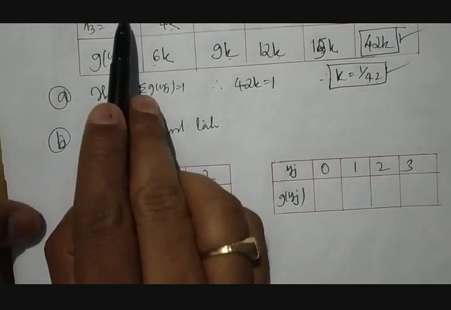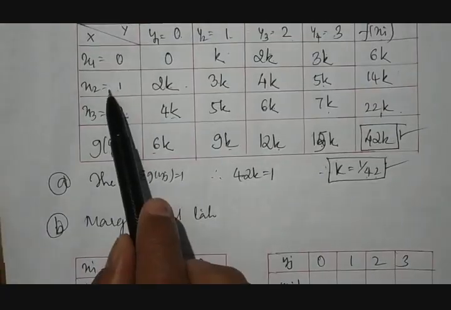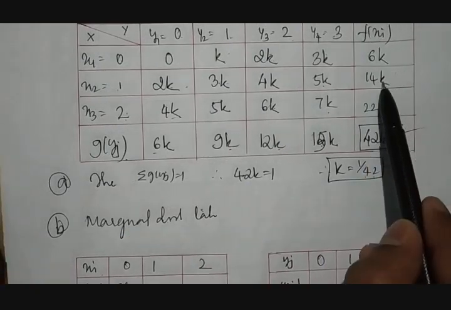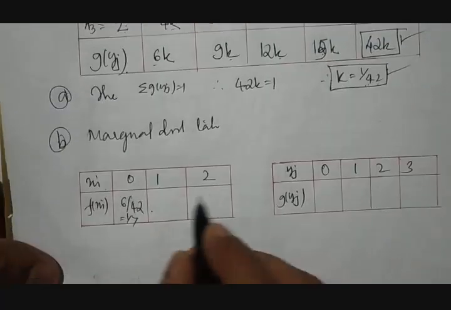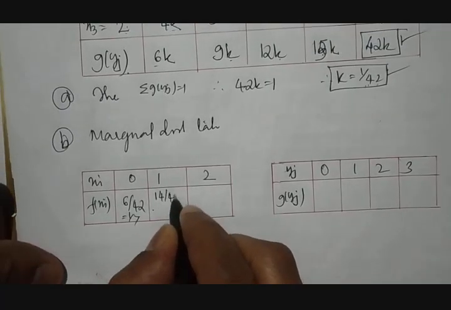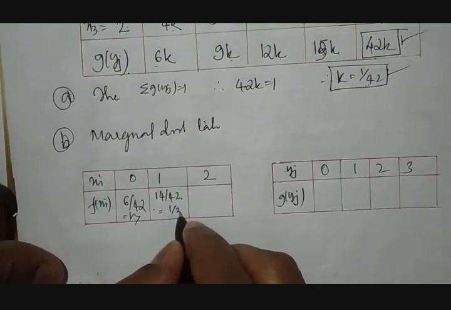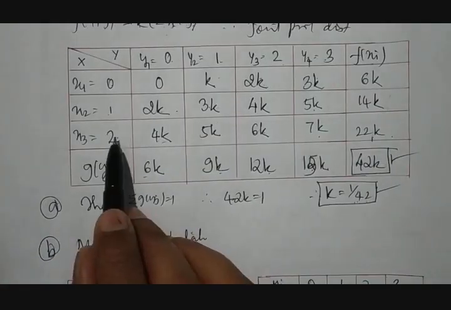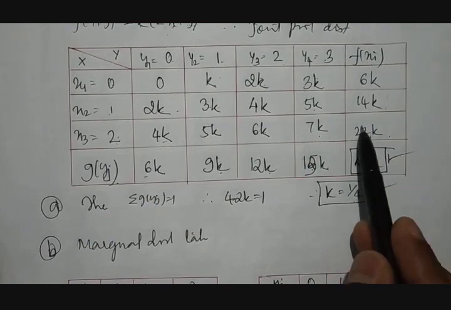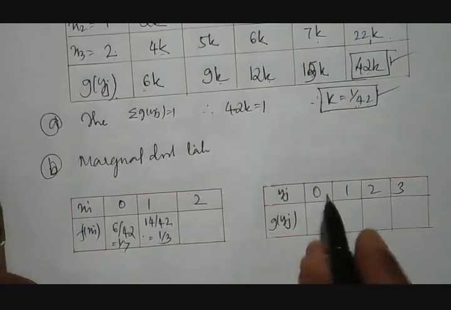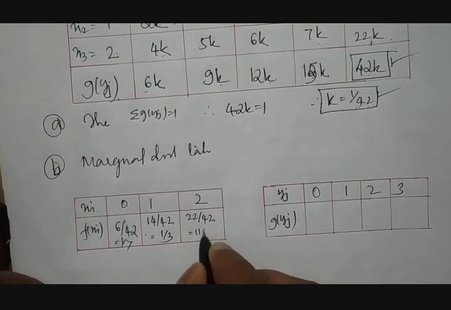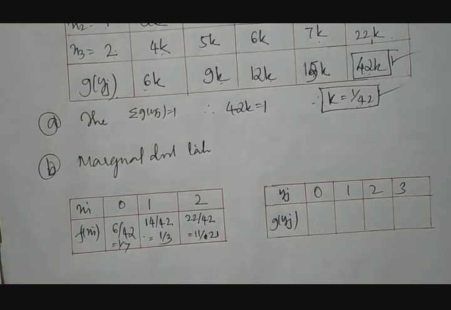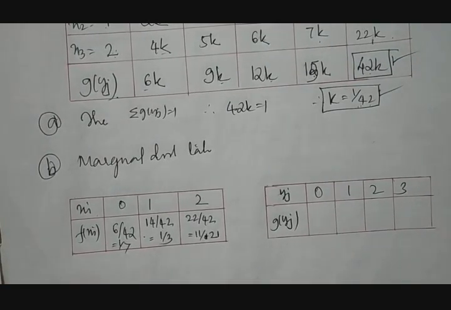Next, where x is equal to 1, the probability f of x is 14k, but k is equal to 1 by 42, so it becomes 14 divided by 42, which is equal to 1 by 3. Similarly, where x is 2, it is 22k, so it is 22 divided by 42, which is nothing but 11 by 21.